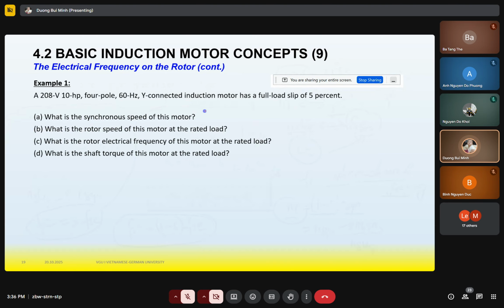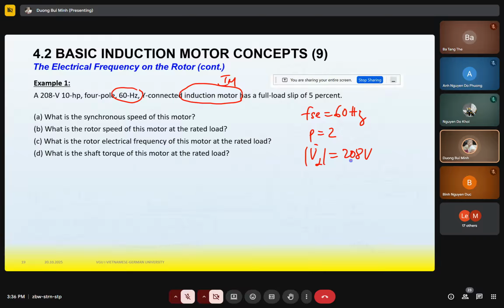So for this example, they give us an induction motor, okay, and look at the frequency. They give us f_se is 60 Hertz, right? We have 4 poles, so P equals 4, and this is 3-phase, so we have V_L of 208 volts.